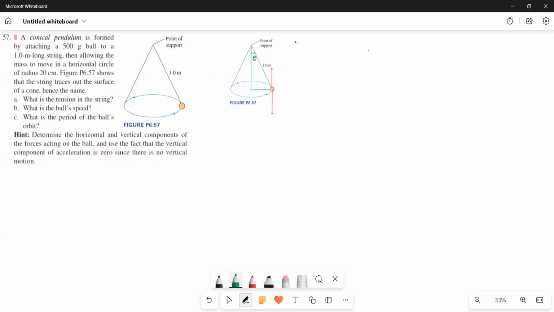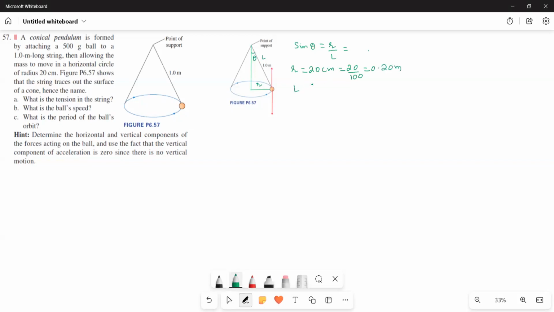So what I do is I will write sine theta is equal to opposite side by hypotenuse. So the opposite side is r and the hypotenuse is the length L. L is equal to 1 meter. So sine theta is equal to r by L, and r is equal to 20 centimeters, that is 20 by 100, equal to 0.2 meters.